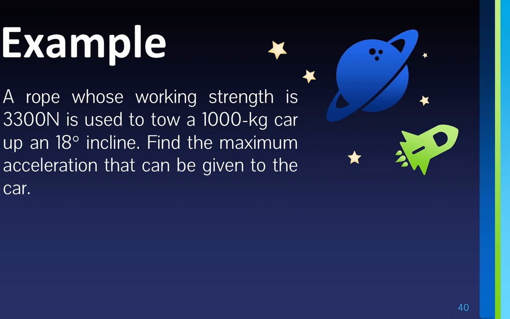So this working strength of the rope, 3,300 newtons, is the tension of the rope. It's used to tow a 1,000 kilogram car. So very important, in any problem, we have to draw first an FBD.